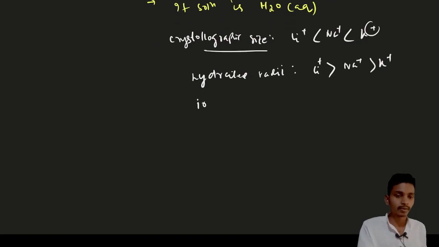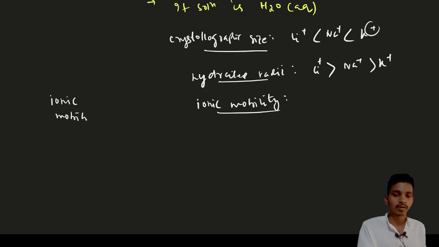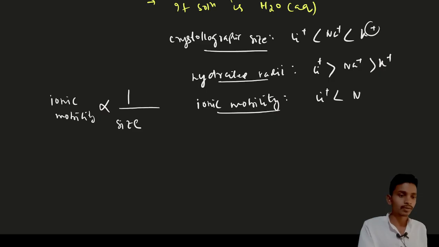Then the ionic mobility is inversely proportional to size. So for the highest size, the ionic mobility will be opposite to that.